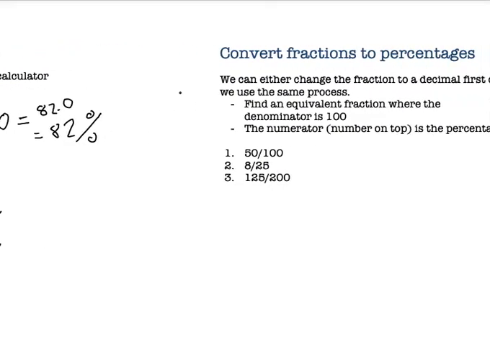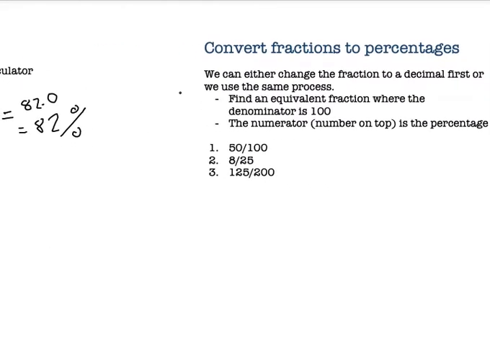Alright, now let's learn how to convert a fraction to a percentage. So what we can do is we can either just change the fraction to a decimal first and then from a decimal to a percentage, or we can just do it straight off the bat because it's essentially the same process. We're going to find an equivalent fraction where the denominator is 100, so where the bottom number is 100.